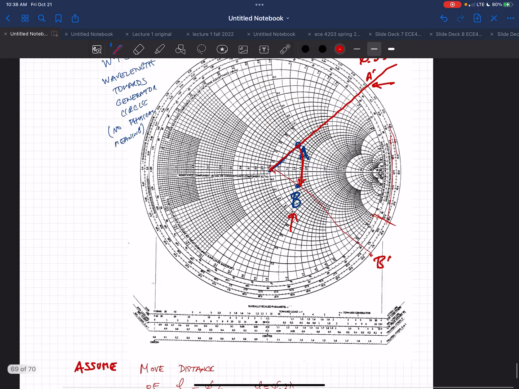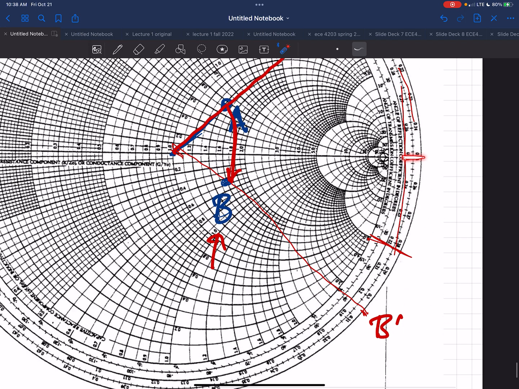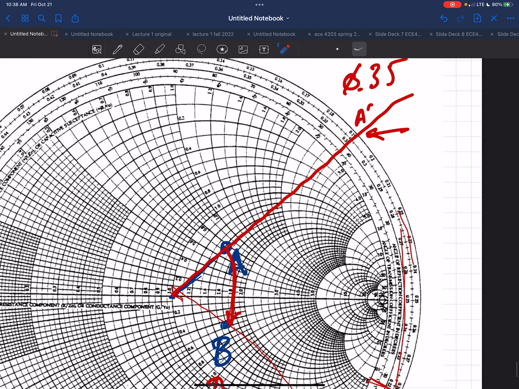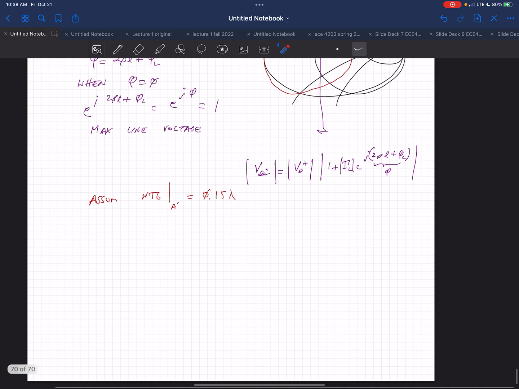You want to find the difference, so the distance is 0.25 minus 0.15. So L is 0.25 lambda minus 0.15 lambda.